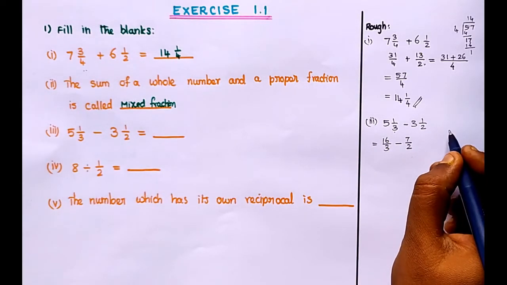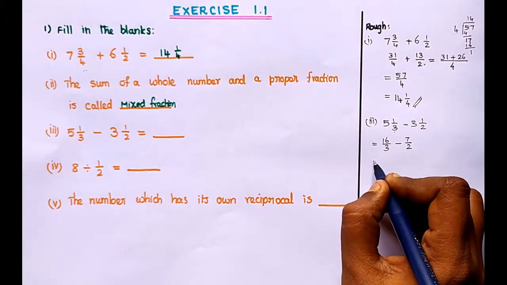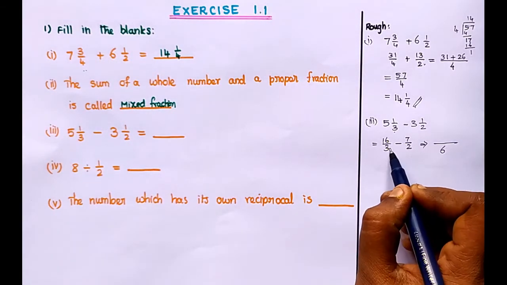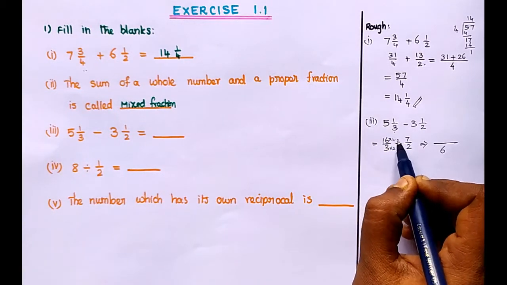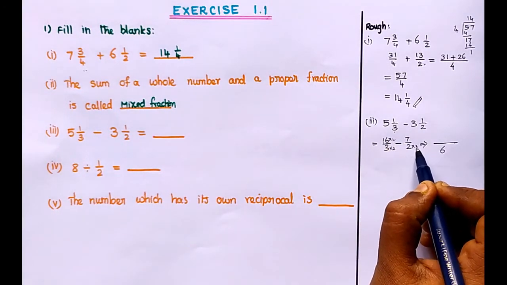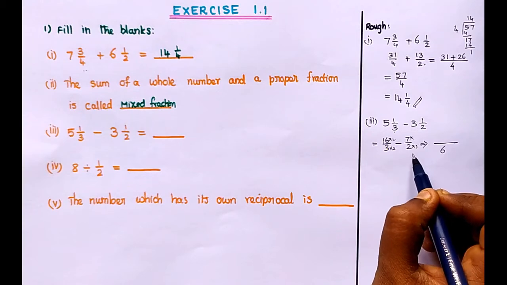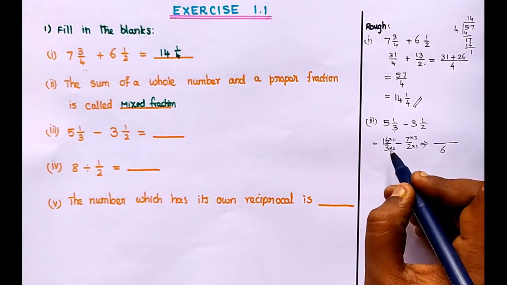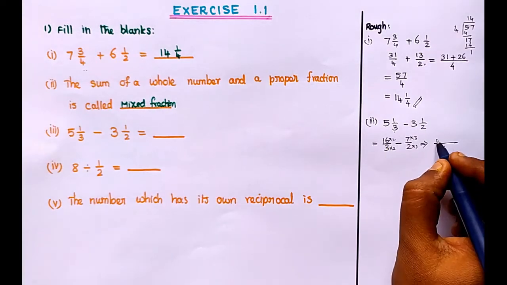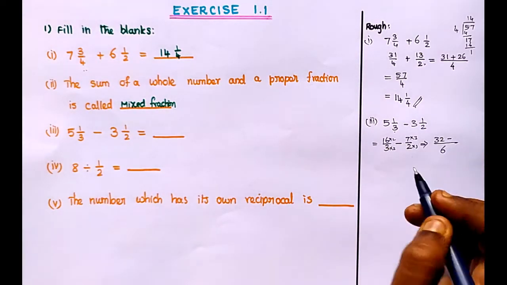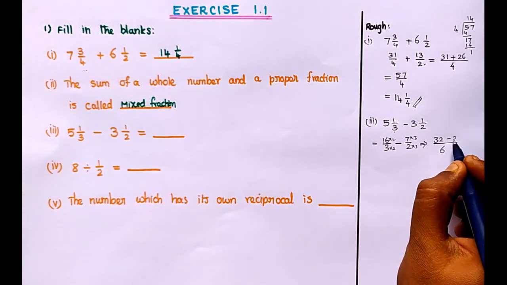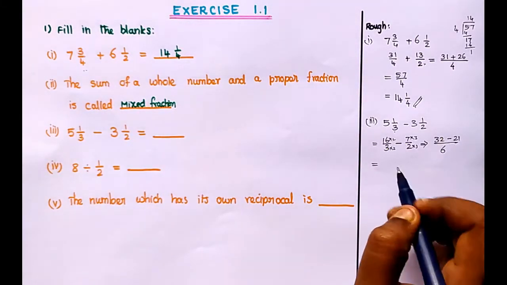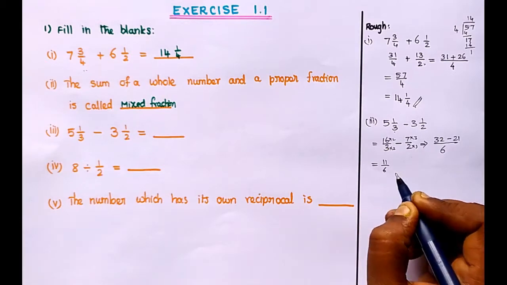Take the LCM for 3 and 2, we get 6. So, 3 2s are 6, here multiply with 2. Here 2 3s are 6, so multiply with 3. 16 2s are 32 minus 7 3s are 21. 32 minus 21, 11 by 6.